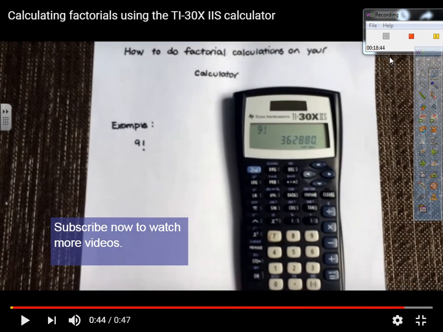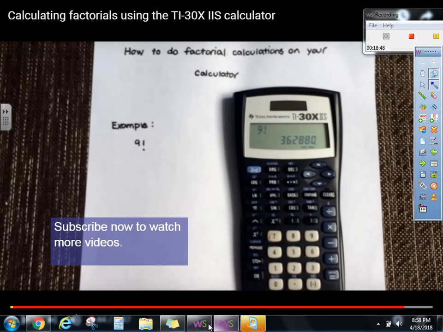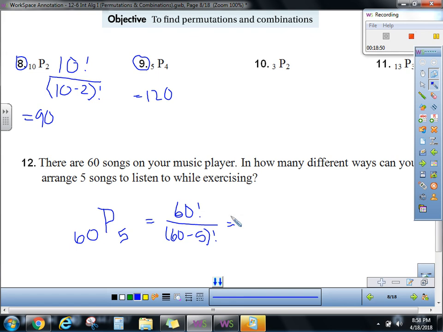So for us to do that, we're going to go back to 60 factorial. I want you to do this in your calculator, okay? So let's type in 60, hit that PRB button, arrow to the right twice to where there's a factorial, hit enter. And then what you can do is in your calculator, you don't have to write that huge number down.